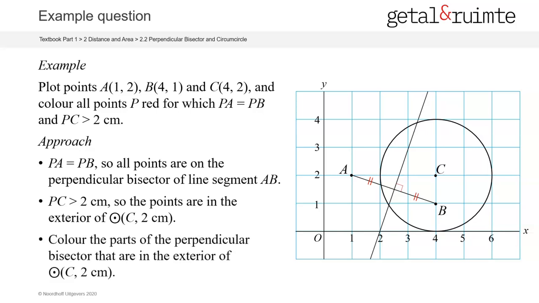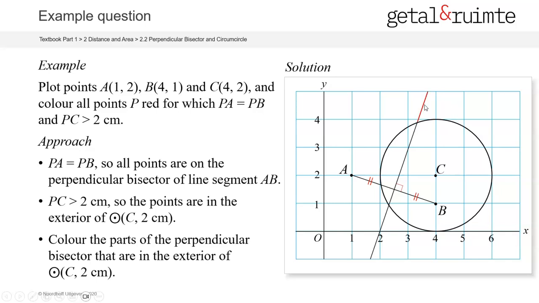And then we have to draw the part for which both criteria meet. So it is on the perpendicular bisector because we say it's equal, and it's outside the circle, the exterior of the circle. And that's this part and this part.